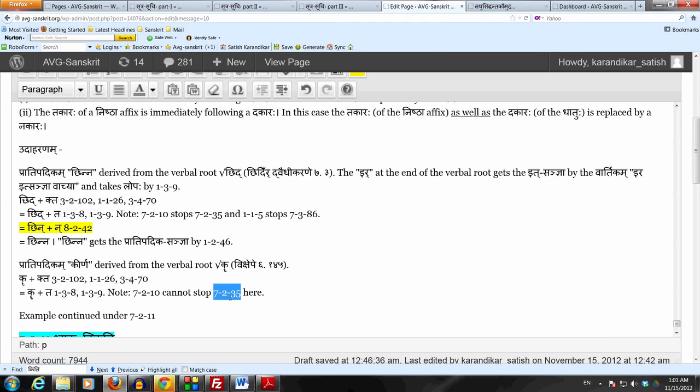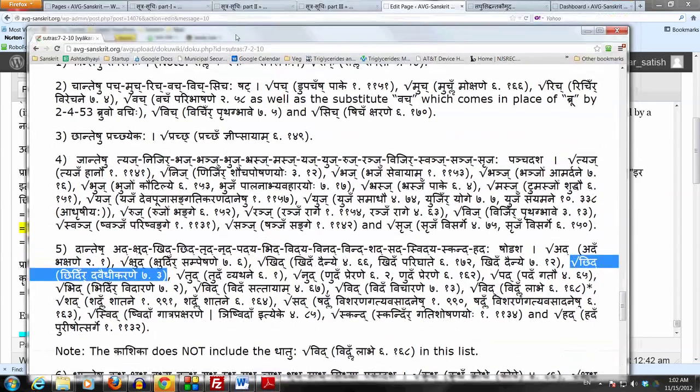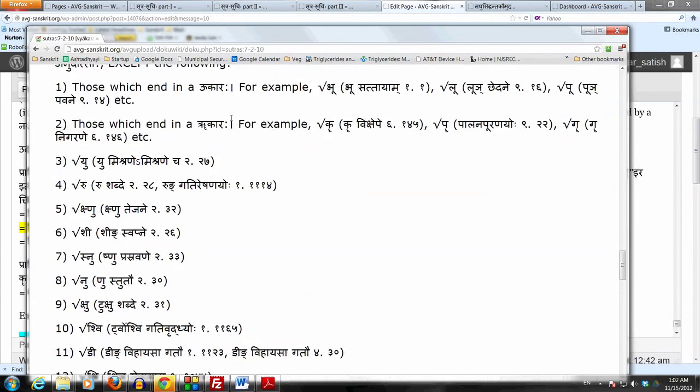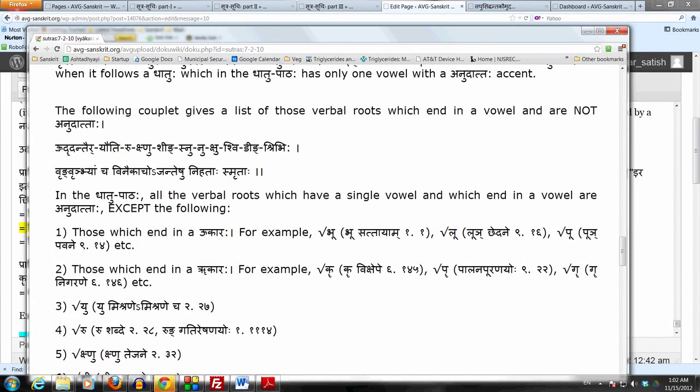And then let's check 7-2-10, which says ekacha upadeshe anudattat. But that will not help us here, because remember that rukaranta dhatavaha are not anudatta upadeshaha. So 7-2-10 cannot apply here because it's dhatu kru. Any dhatu ending in the dirgha rukaraha is not anudatta upadesha. So 7-2-10 cannot help us.